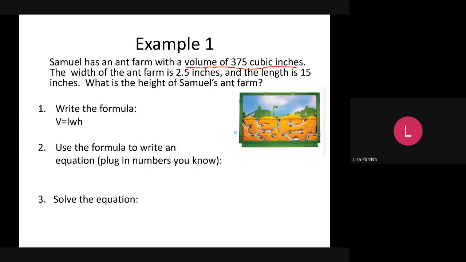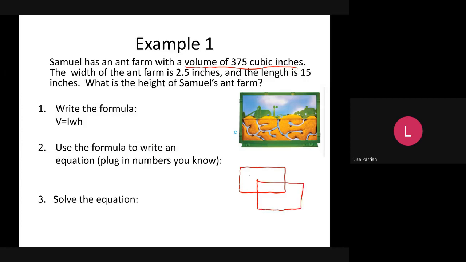So if you're writing the word problem down, underline that. If you're drawing it, make sure you label volume is 375 cubic inches. If you're trying to draw it, I don't know if you talked about this the other day, you can draw a rectangle. And if you're going to draw another one, kind of draw it offsetting a little bit.